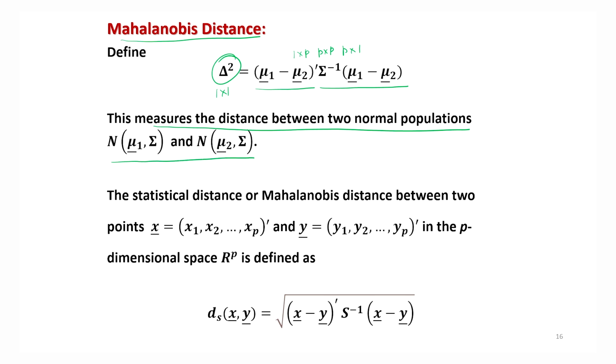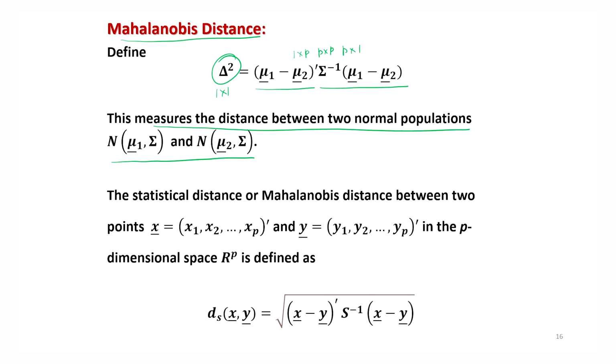Right. But again, this is based on the population values mu1, mu2, and sigma. So what we try to do is obtain a sample from the first population normal mu1 sigma, and from the second population normal mu2 sigma, and then we estimate mu1, mu2, and sigma, and obtain the sample version of this delta square. Right.